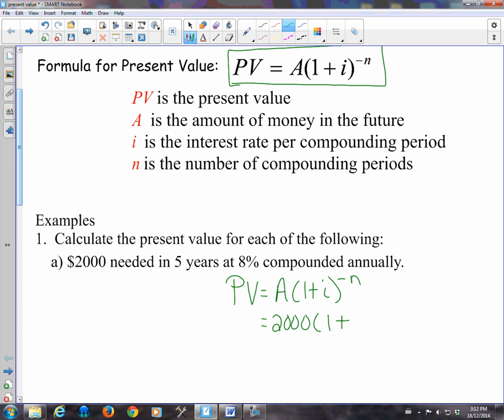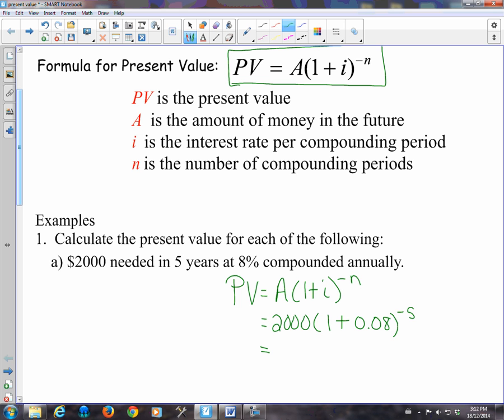Our i value is 8% compounded annually. Remember, you have to take your interest rate and divide it by how often you're compounding. Because we're compounding annually, that's only 1. So 0.08 divided by 1 is still 0.08. And remember to change your percent to a decimal. And n is the number of compounding periods, so 5 years once a year would be negative 5 times.